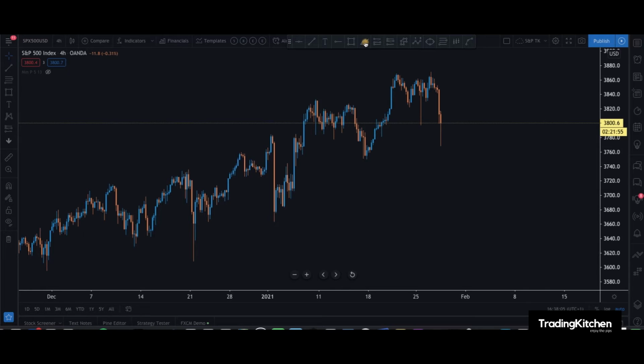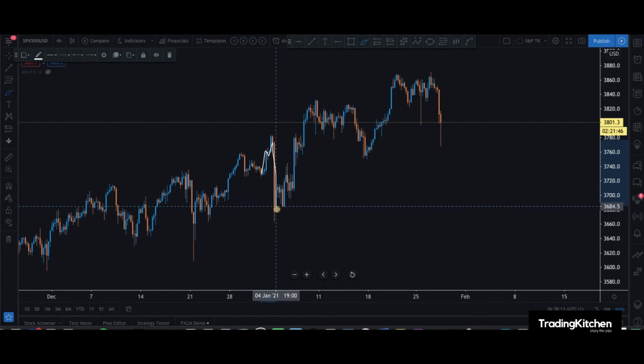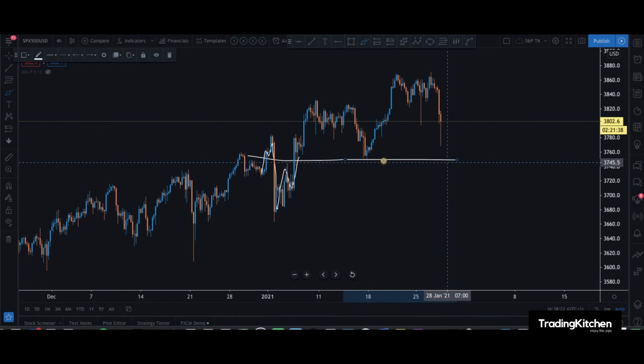Look here how many examples we have. This is a formation. Price goes down and then backtests again the neckline, which is a support.